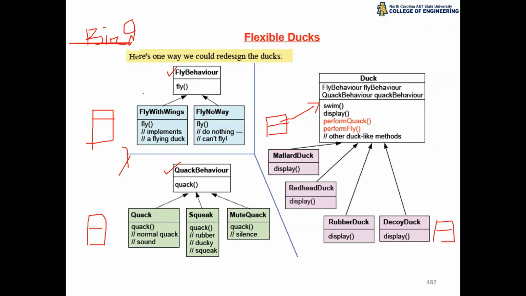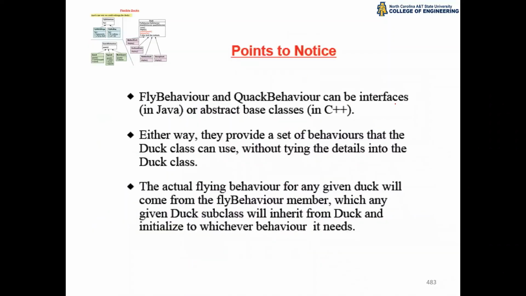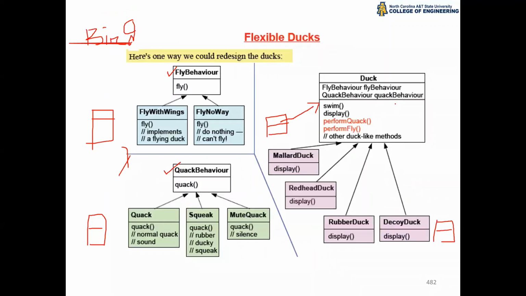So the solution is more general, flexible, reusable. So this is the kind of solution. Again, you can improve it, but this is a kind of flexible solution, more usable solution. So this is a design pattern. We used a design pattern. This is our first design pattern we used.